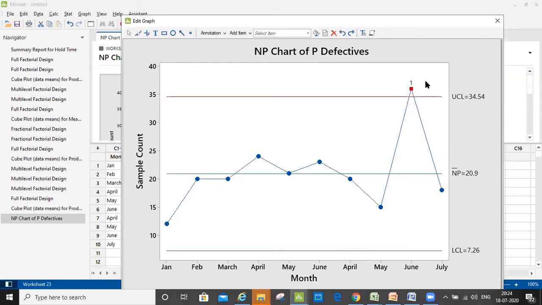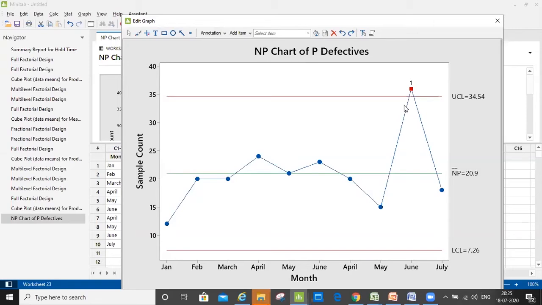Points outside the control limit are the special causes, highlighted in red. You can see it below the line also. If there had been any defects lesser than 7.26, it would have shown a special cause there, and the line would have gone down. So this is what we do with the NP chart, when my subgroup sizes are constant throughout the data I'm capturing, and I have defectives.